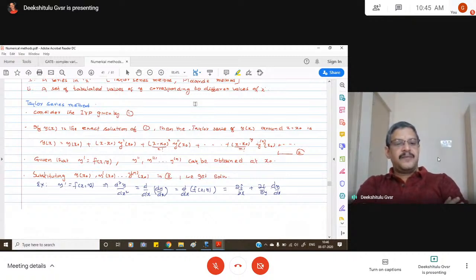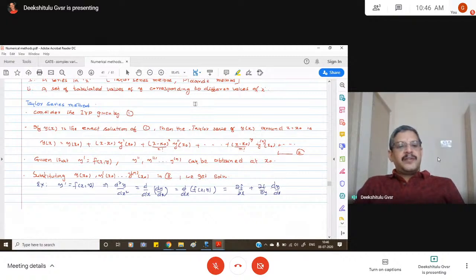Let us say y of x is the exact solution of 1, then the Taylor series of y of x around x equal to x naught, if you recollect, is y of x equal to y at x naught plus (x minus x naught) into y dash at x naught plus (x minus x naught) whole square by 2 factorial into y double dash at x naught, and so on and so forth, up to (x minus x naught) power n by n factorial into yn at x naught. So this is the Taylor series about x naught.